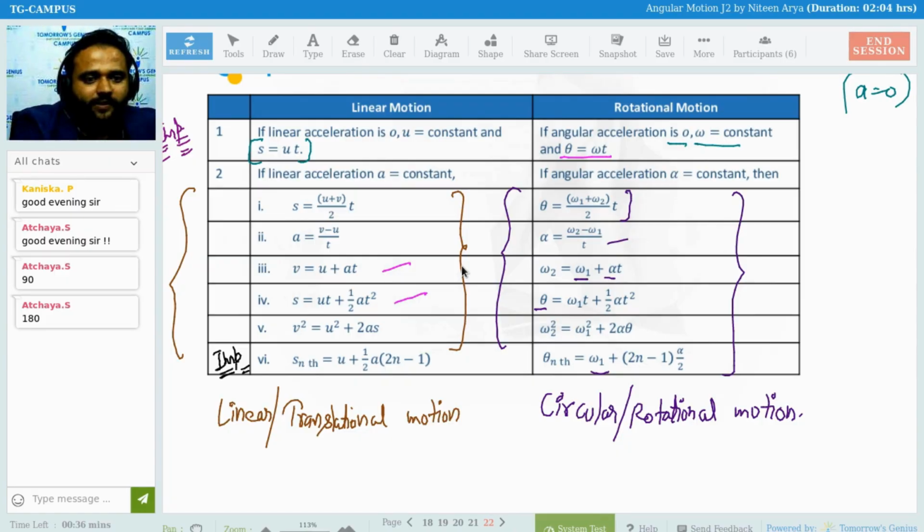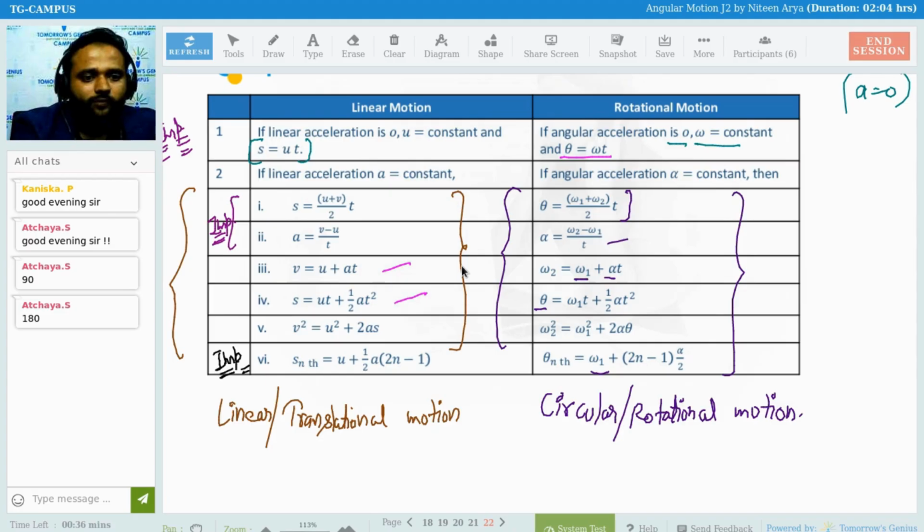Okay, even these equations are important, these two. And these three equations are known to everyone, the equations of motion in linear or translation motion, and in circular or rotational motion.